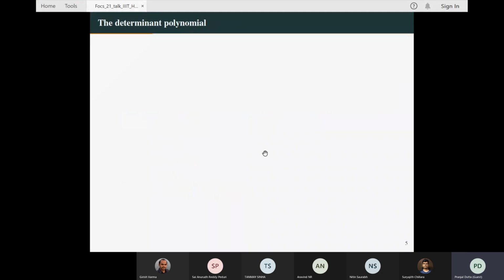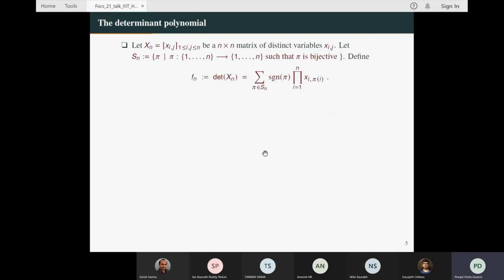And the other easy polynomial that we'll be working with is the determinant polynomial. We have all seen the determinant polynomial from our 11th or 12th class. We know how to expand this, but mathematically speaking, this is just the sign of the permutation, and you sum over all the permutations. This is essentially the plus minus that happens. So what is the determinant polynomial?